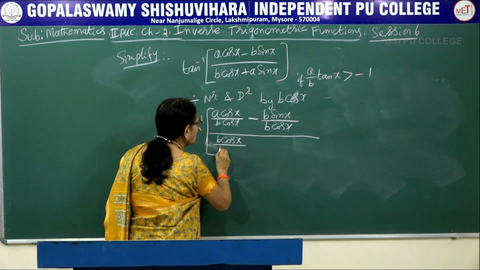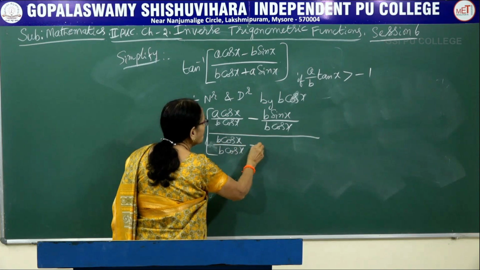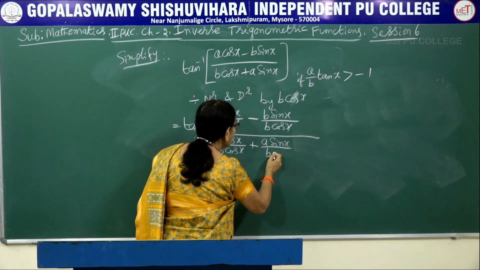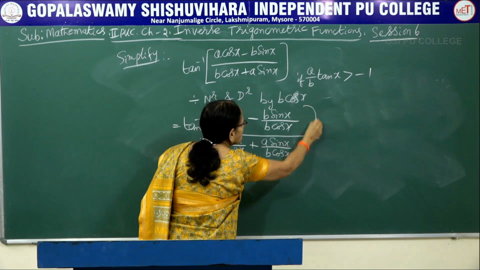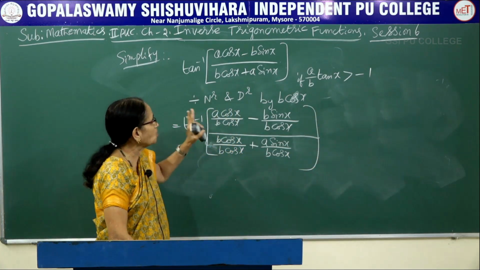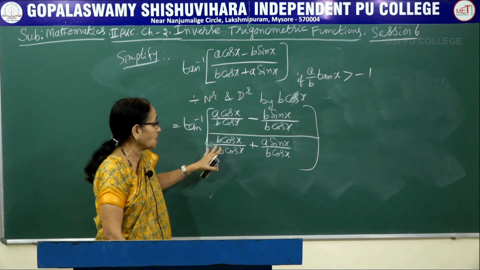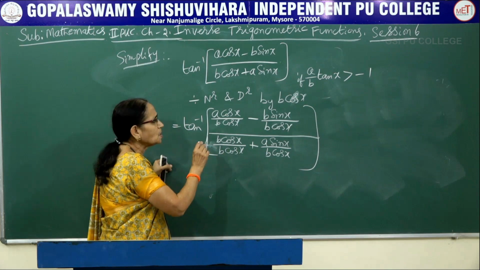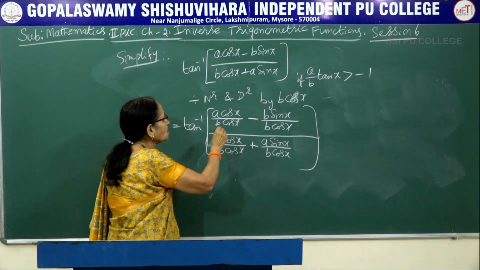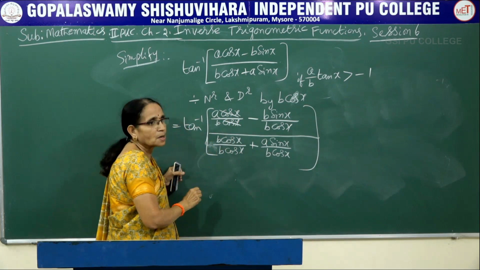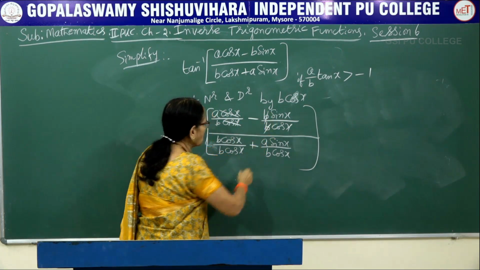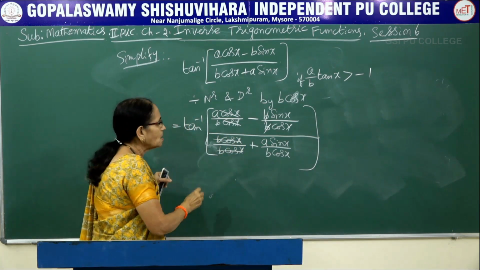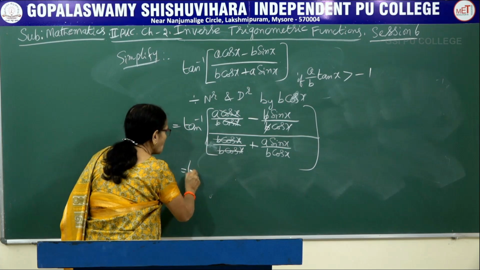Denominator: b cos x divided by b cos x plus a sin x divided by b cos x. Now I have divided both the numerator and denominator inside the square bracket by a common function so that the value remains unaltered. Now wherever it is possible to cancel, let me do the cancellation. Cos x and cos x can be cancelled and b can be cancelled. Here both b cos x can be cancelled. Let us see what is remaining now.